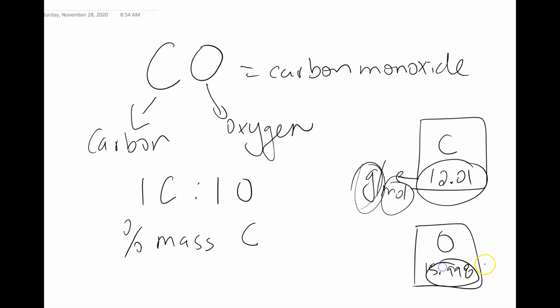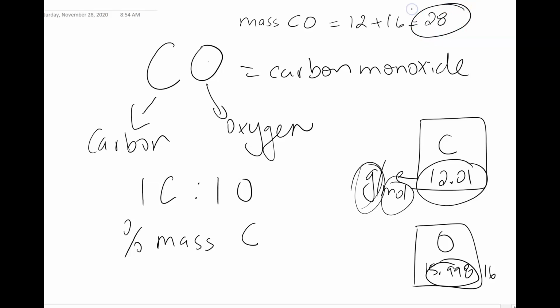We're going to round this to 16 grams. So to find the mass of carbon monoxide, 12 plus 16, the entire mass of carbon monoxide is 28. That means 1 mole of CO is equal to 28 grams of CO.